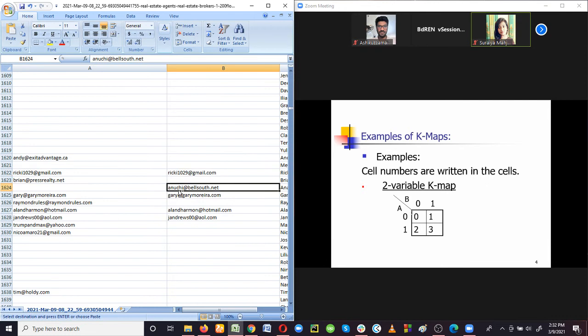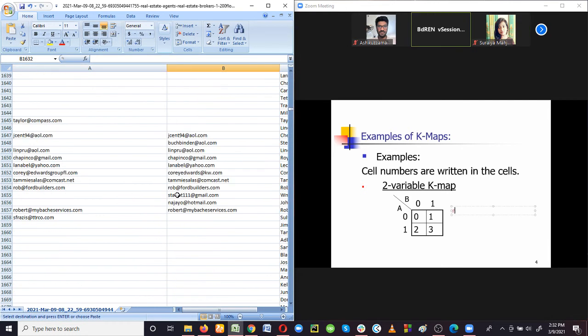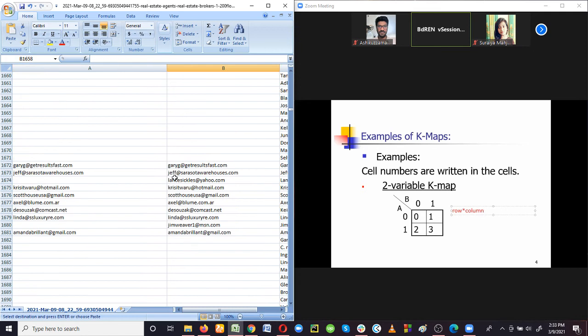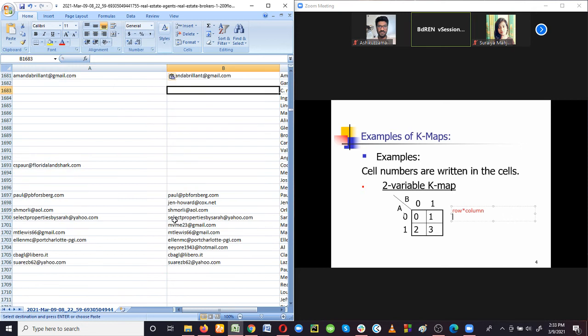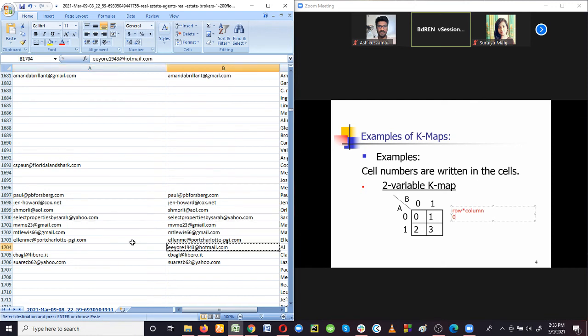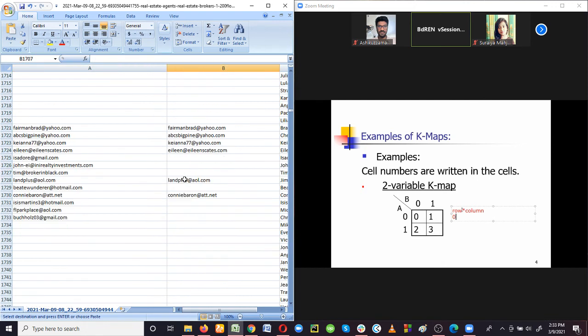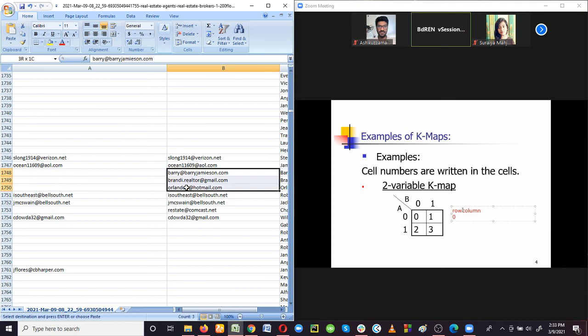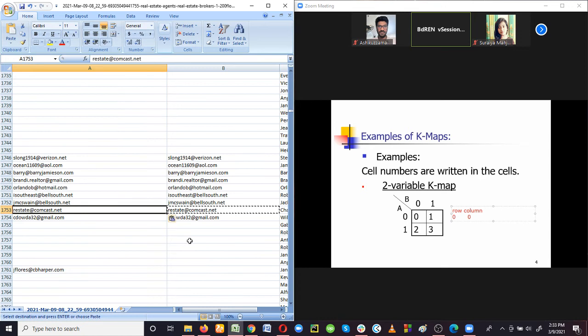Now observe, always consider row first, then column. So 0, 0. The first is from the row, the second is from the column. For the first one, row value is 0 and column value is 0.